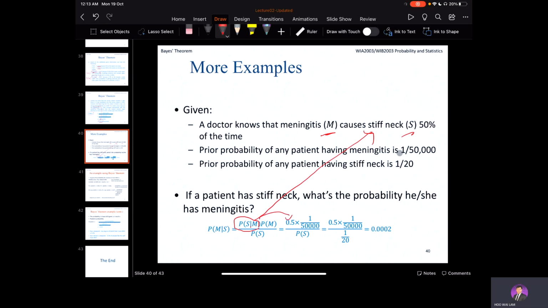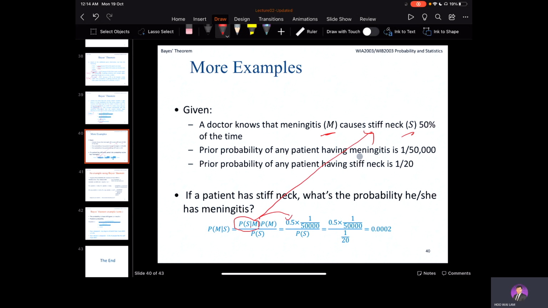The prior probability that any patient has meningitis is 1 over 50,000. Here you don't really apply the full Bayes theorem, but yes, it's still Bayes theorem. It's just that these are still your marginal probabilities. But once you get the Bayes theorem done, you need to know the probability of meningitis as well.